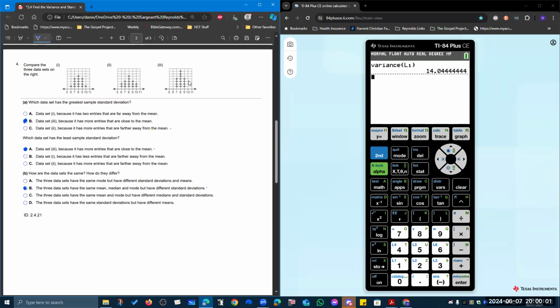They're all basically normally distributed. 2 is the most normally distributed out of all of them, but they've got that property of having the same mean, median, and mode, all those averages being the same, but they have different standard deviations. The data is more spread out in some than it is in others.